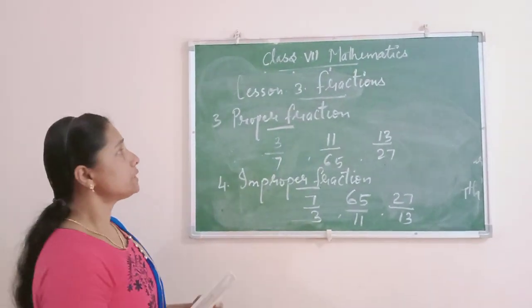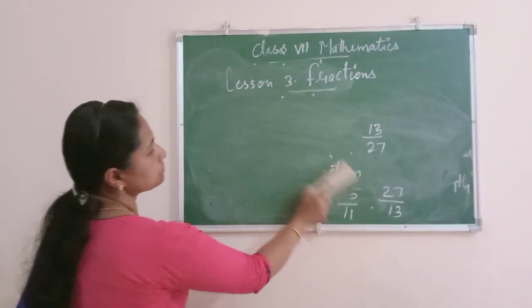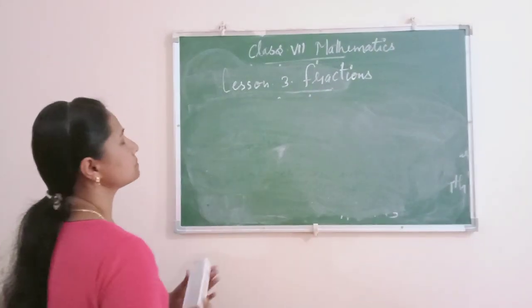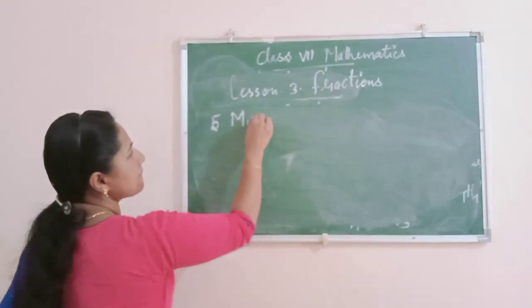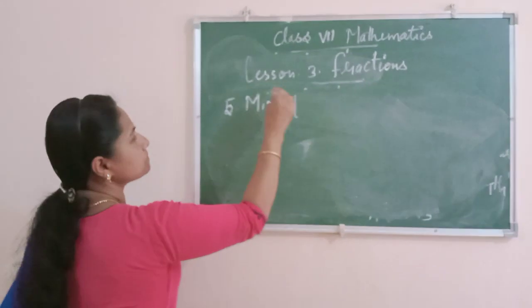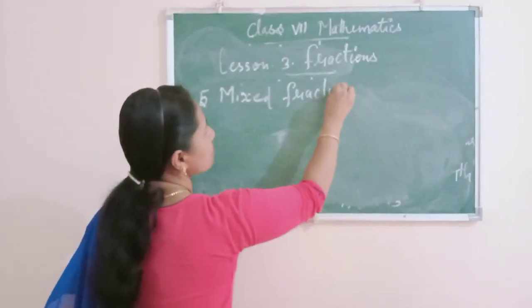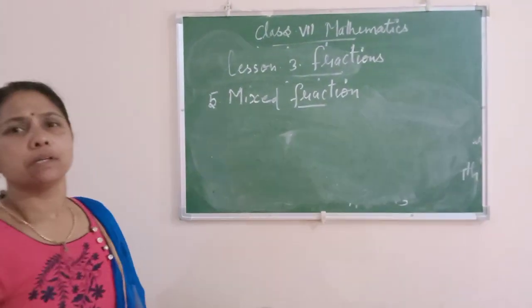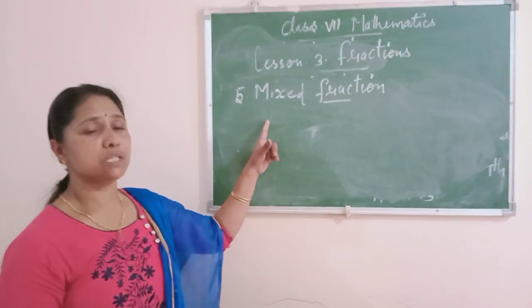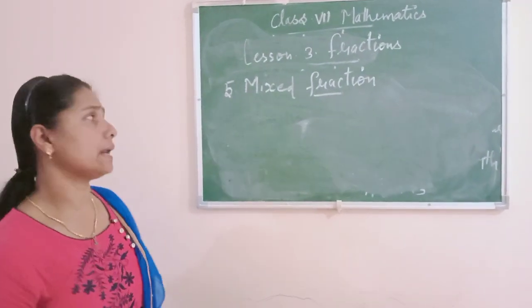Now the fifth type of fraction is mixed fraction. A mixed fraction consists of an integer and also a proper fraction, like this.